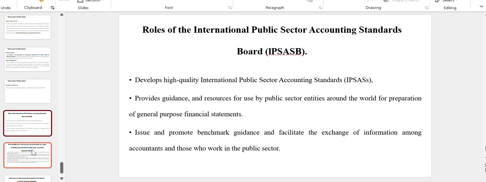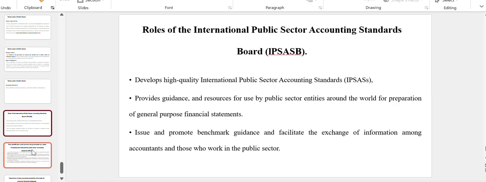This transitional guideline is just a guide to the accountants in public sector on how they are required to use the new accounting standard. So that's all we are saying, it provides guidance. And guidance is normally done by that particular guideline called transition guideline.